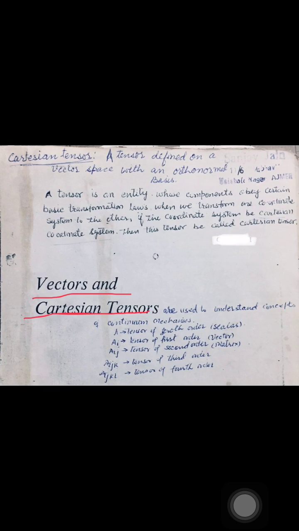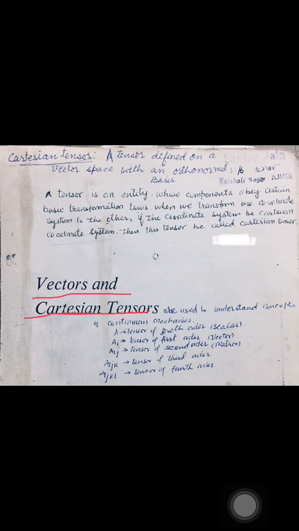A scalar is indicated by a single base letter without suffixes, such as a scalar function phi. It has the same value at a given point in space regardless of the axis to which it may refer.